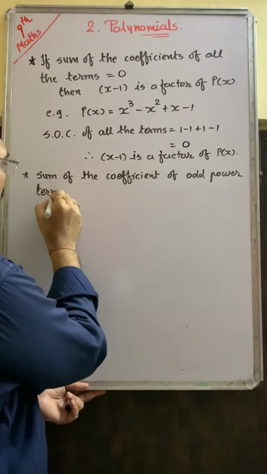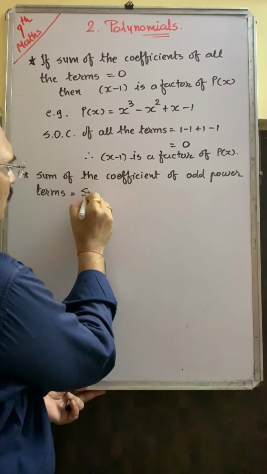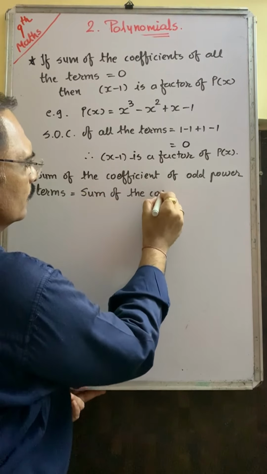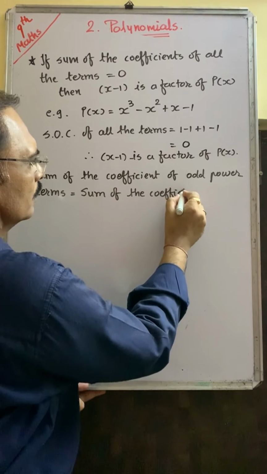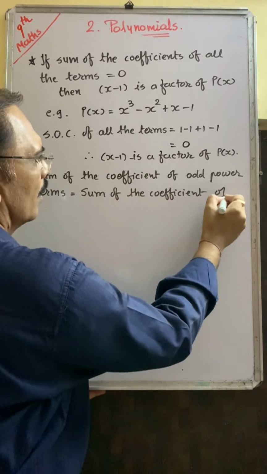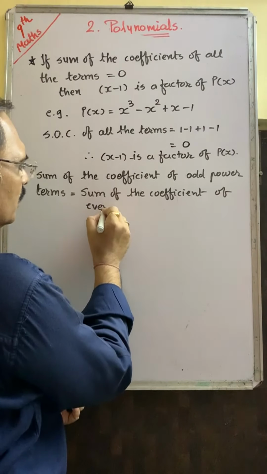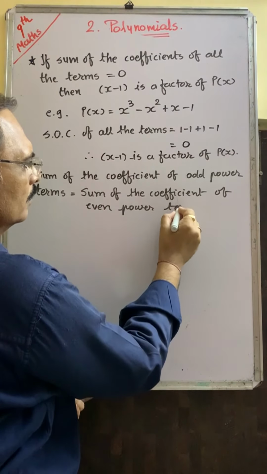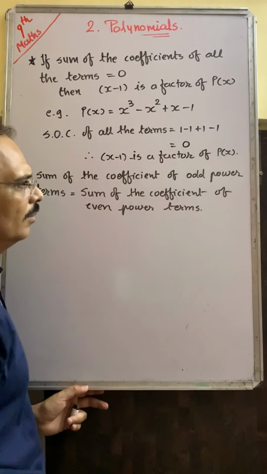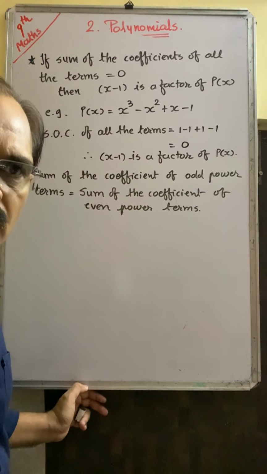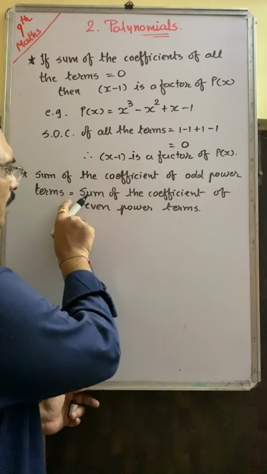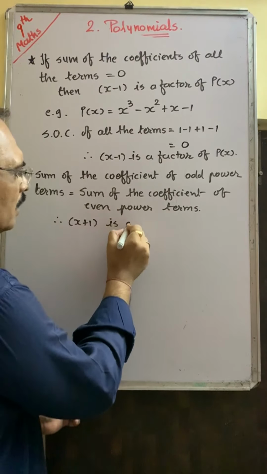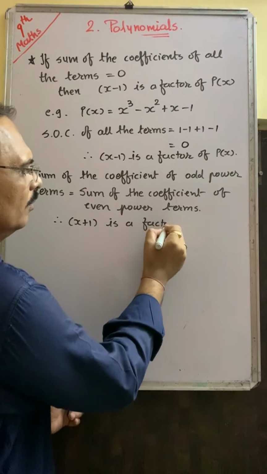If it is equal to sum of the coefficient of even power terms, the sum of the coefficient of odd power terms and even power terms are equal, same, then we can say x plus 1 is a factor of given polynomial.